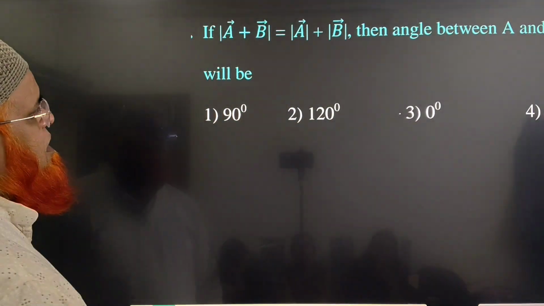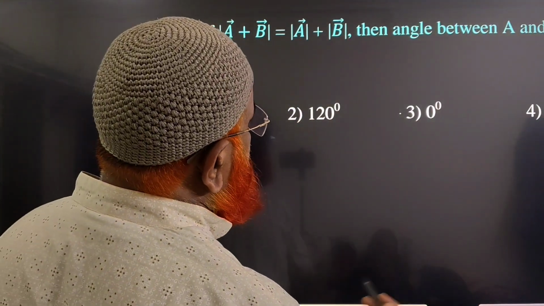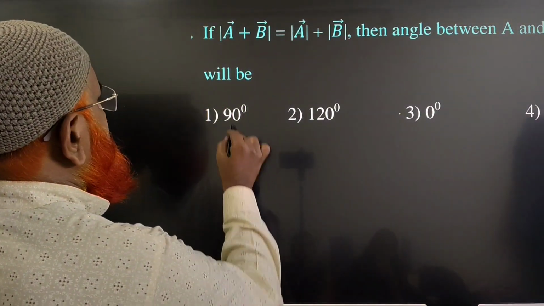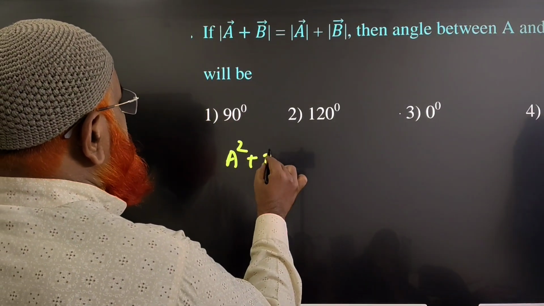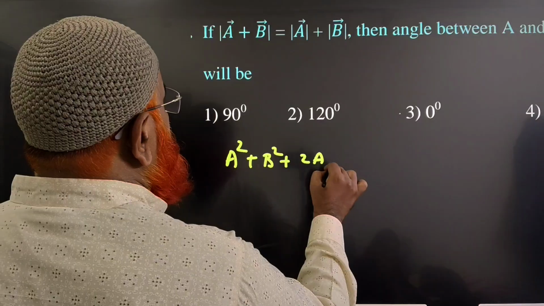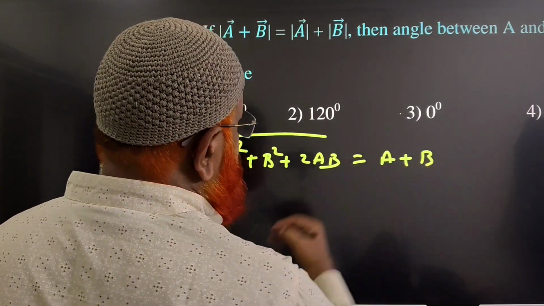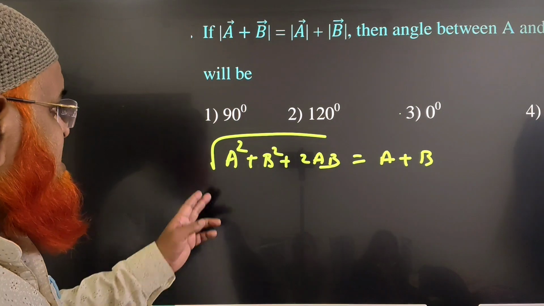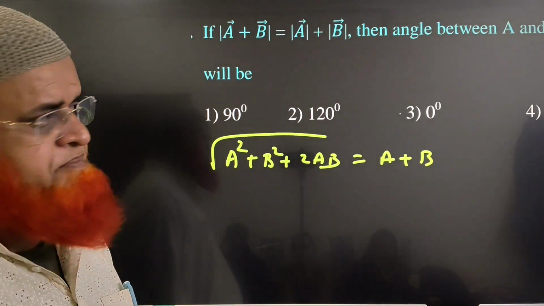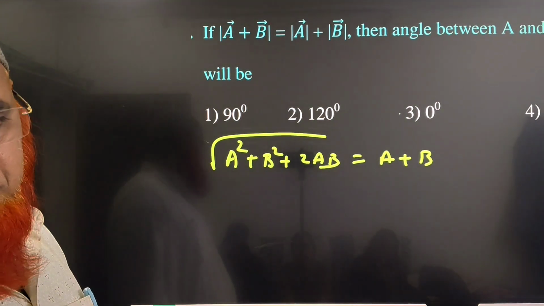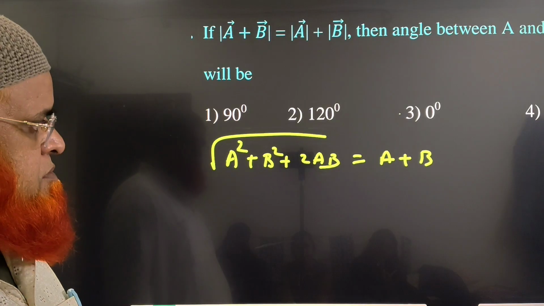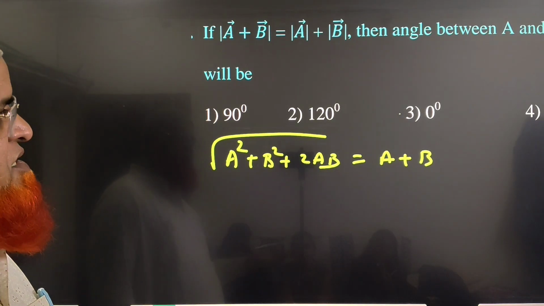Next. Now just see, the magnitude of a plus b is equal to mod a plus mod b. That means this is taken as the square root of a square plus b square plus 2ab. Now this is a plus b, just ordinary addition. When the resultant addition and ordinary addition are the same, then what is the angle between them? Resultant addition and ordinary addition is same means what?